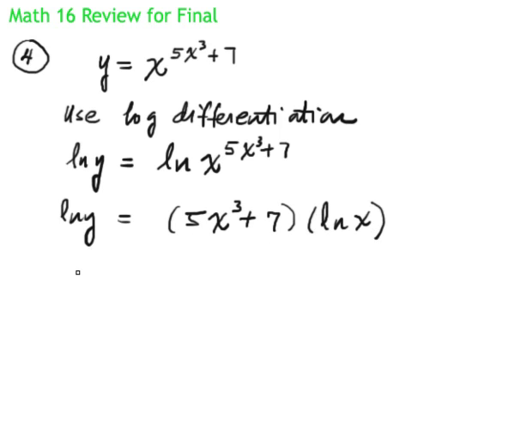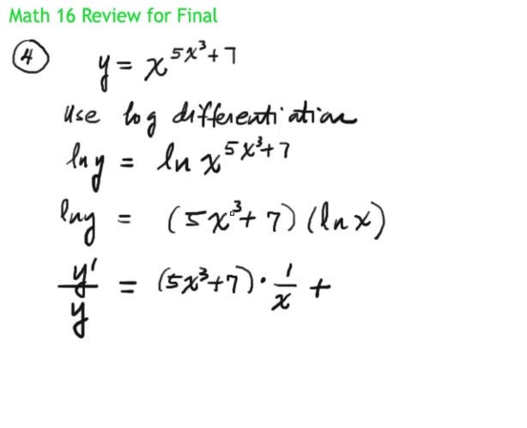Okay, derivative of the left, differentiating implicitly, that would be y prime over y. And on the right, we're doing a product rule, so we have the first times the derivative of the second plus the derivative of the first, that's 3 times 5 is 15, 15x squared times the second.